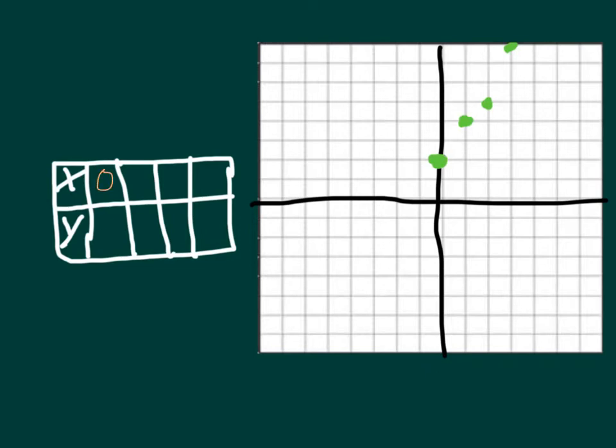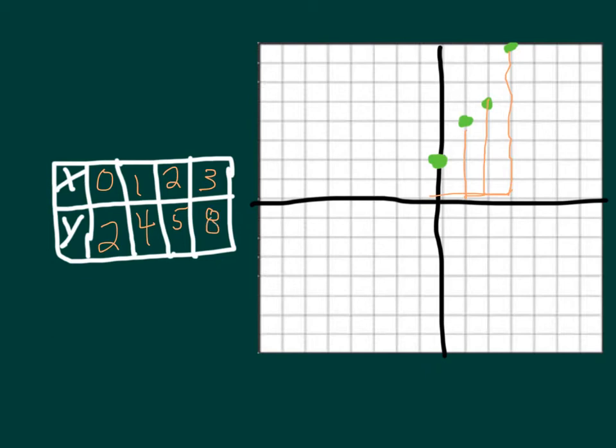And we're moving up 2, so our Y is going to be 2. Okay, and I'm moving over 1 to our next point, moving over 1 and up 2. So X is going to be 1, and then our Y is going to be 1, 2, 3, 4. Move over to 2, then up 1, 2, 3, 4, 5. So 2, 5. And then our X over here for the last one is moving over 1, 2, 3, and up 1, 2, 3, 4, 5, 6, 7, 8. So our point is 3, 8.